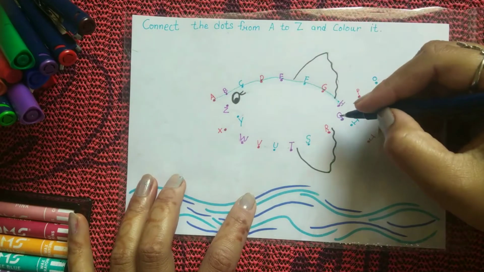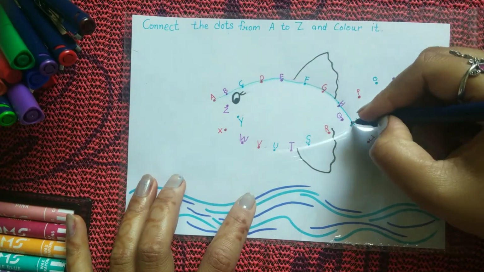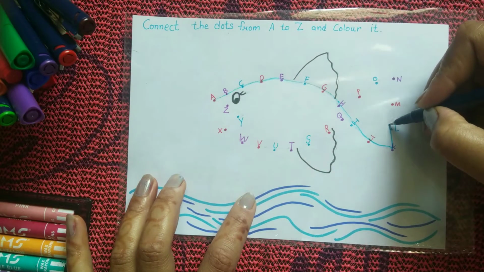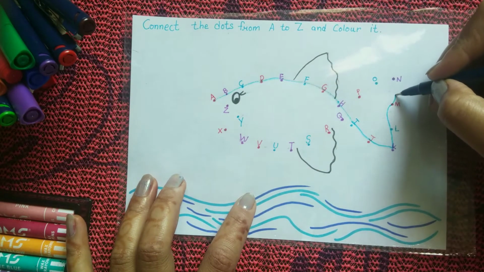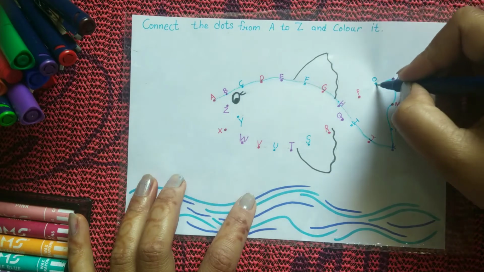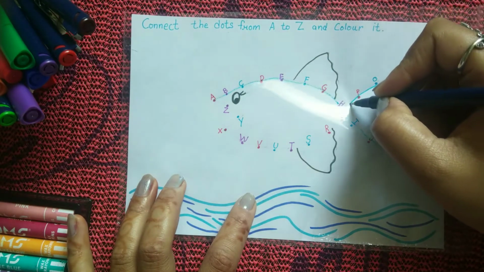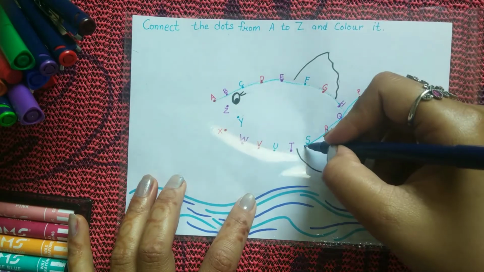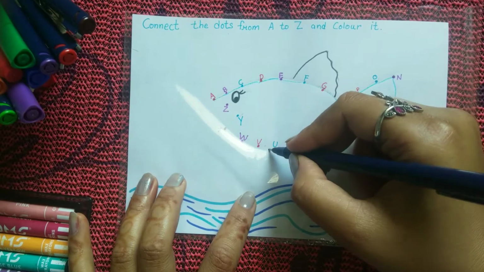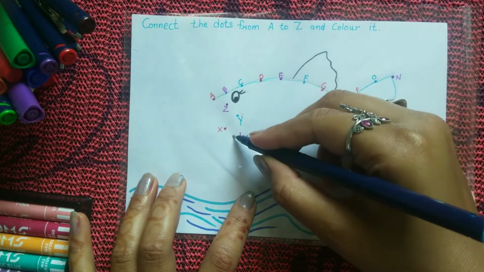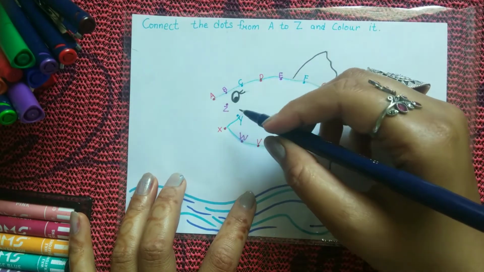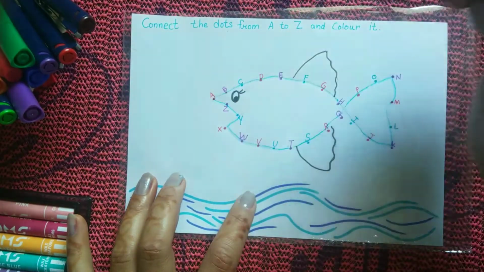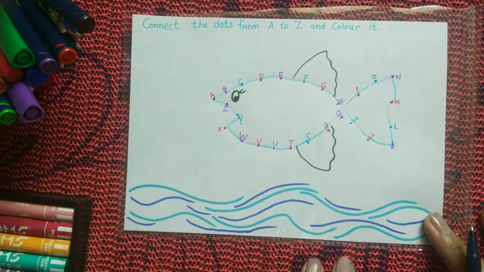Now after H, I, J, K, L, M, N, O, P, Q, R, S, W, X, Y, Z, and let's match Z with A to connect it.